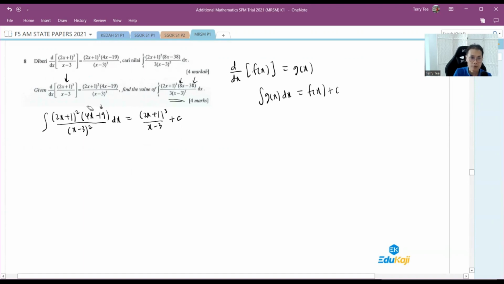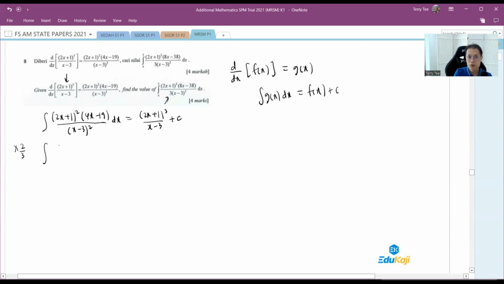So we know 4 times 2 gives us 8. 19 times 2 gives us 38. At the same time, take note I have a 3 here, but I don't have a 3 over here. So that means that what I need to do to go from this line to this is I need to multiply 2 over 3.